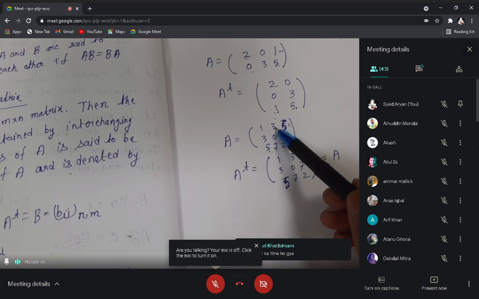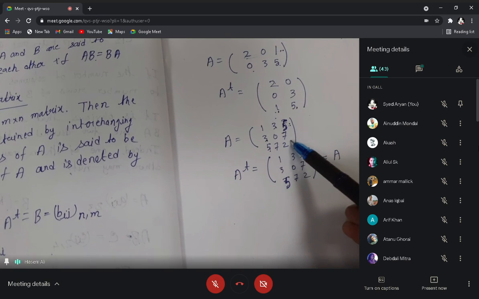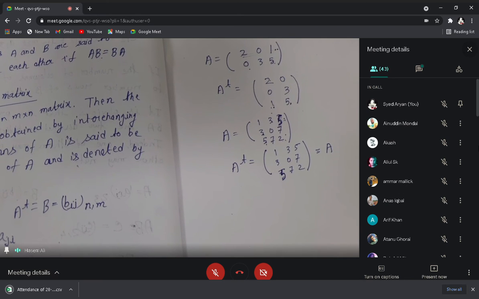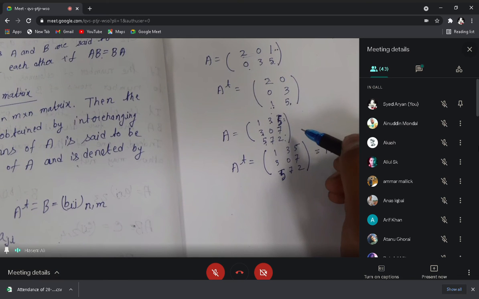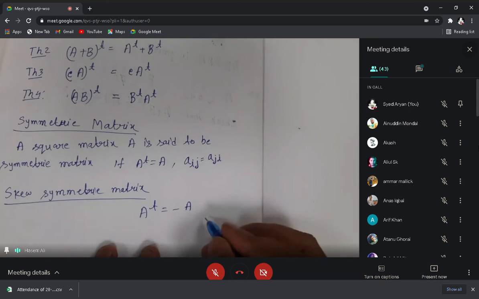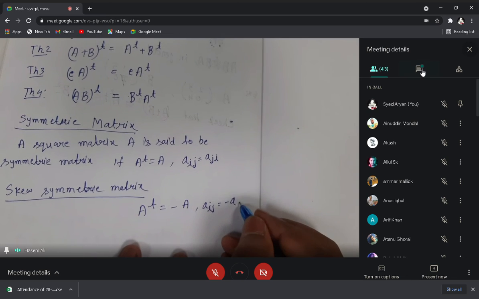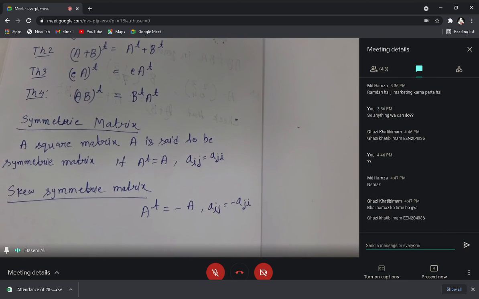Similarly, here A23 and here A32 must be equal, and similarly for all Aij and Aji. But the diagonal elements have nothing to compare. And in skew symmetric matrices, Aij equals minus of Aji.